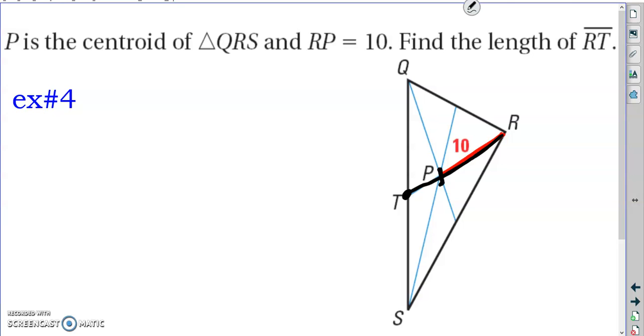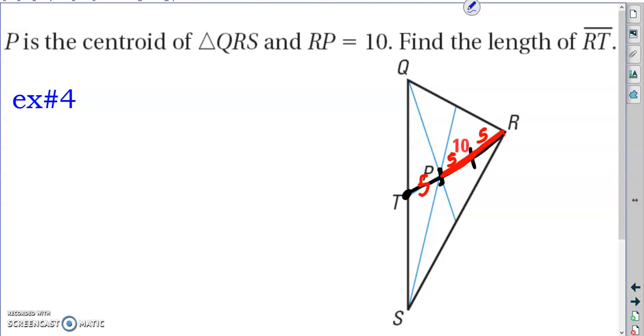And from the centroid to the vertex is 2/3, which means I'm going to cut that in half. So if this portion from R to P is 10 units long, that means that each half here is 5. So 5 and 5 there would give you that total 10.